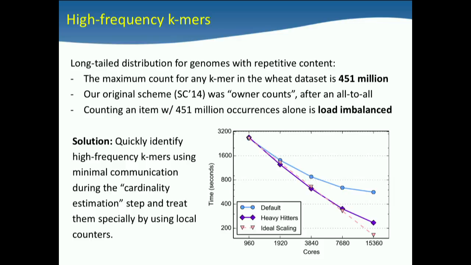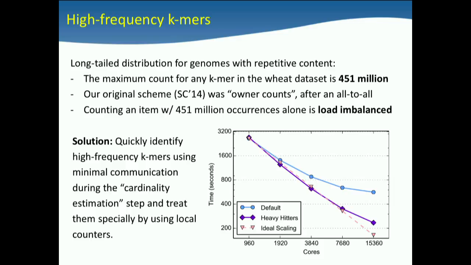This happens when the owner count creates a load balance issue, because sometimes certain K-mers happen so frequently that whoever needs to count them becomes heavily burdened. And the way you fix that is, in one of the earlier stages while you're figuring out the cardinality, using similar statistical algorithms, you can figure out which K-mers are so-called heavy hitters, meaning that they occur more frequently than anything else in the data set.